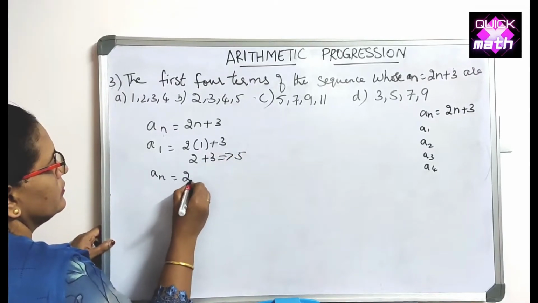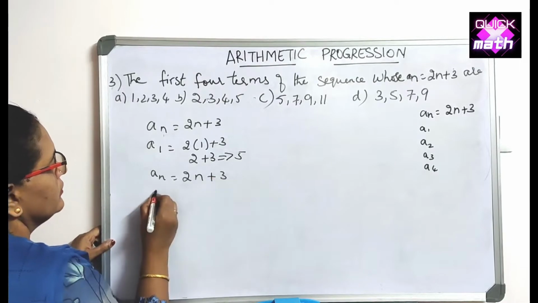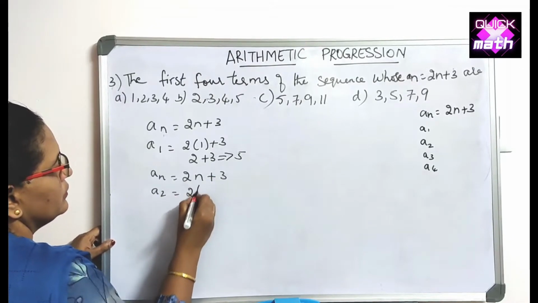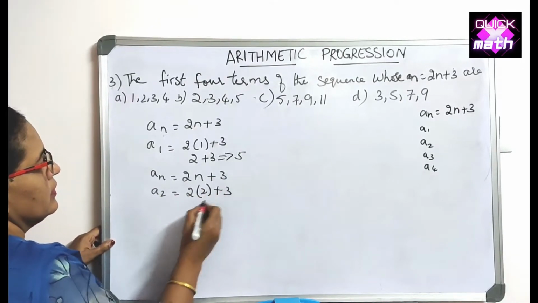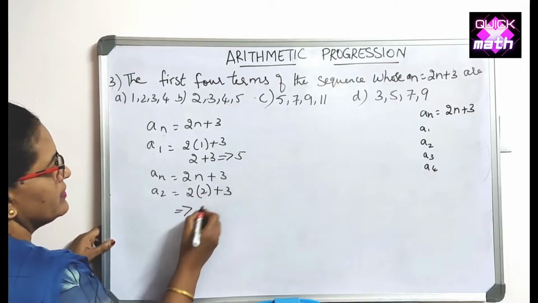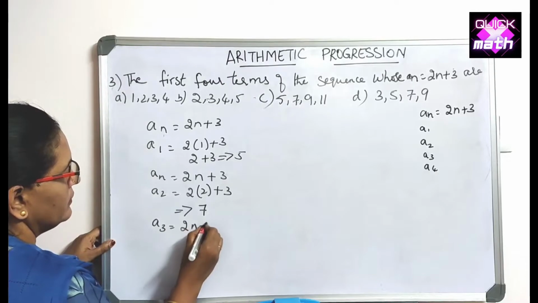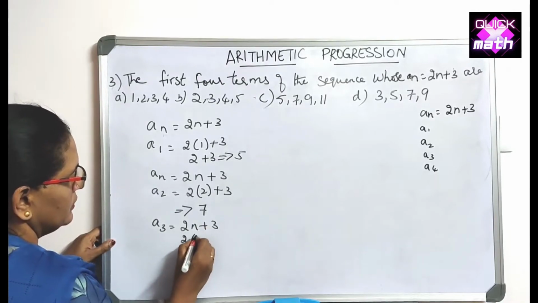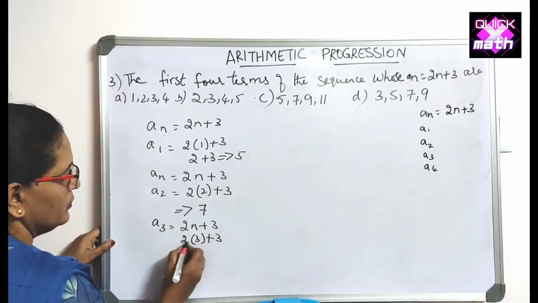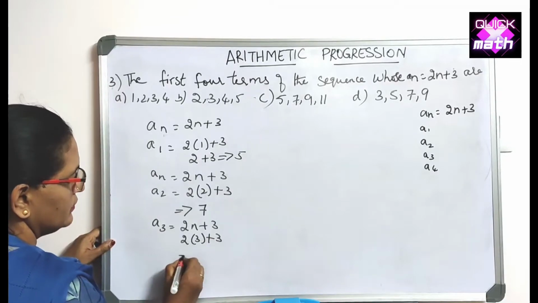Similarly, an is equal to 2n plus 3. So a2 is equal to 2 into 2 plus 3. So that gives you 2 2s are 4 plus 3, 7. So a3 is equal to 2n plus 3, so 2 into 3 plus 3. 2 3s are 6, 6 plus 3 gives you 9.